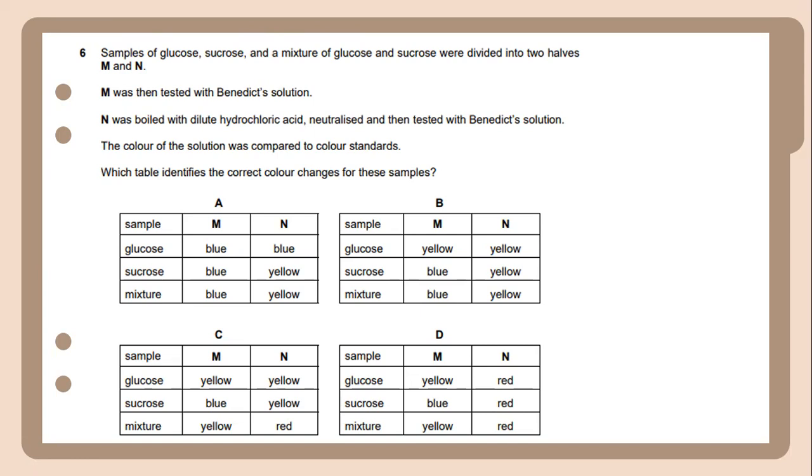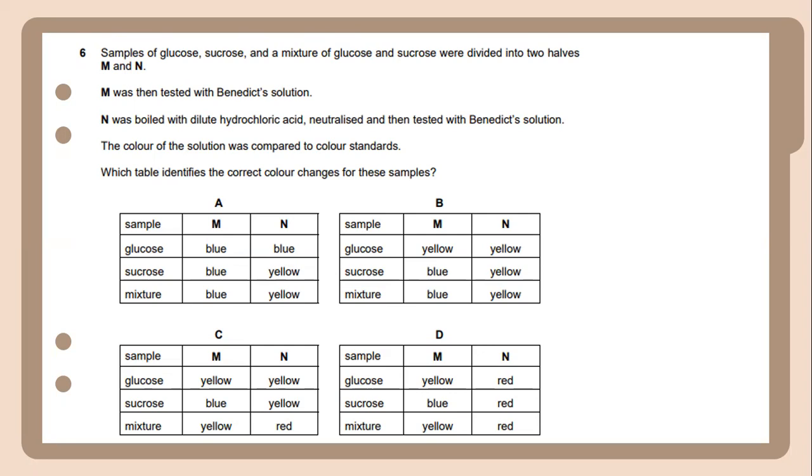for the glucose, when tested with Benedict's solution, it will change to yellow. For the sucrose, it will stay blue. And for the mixture, it will change to yellow. Meanwhile, when the glucose was boiled with dilute hydrochloric acid, neutralized, and then tested with Benedict's solution, it will change to yellow.